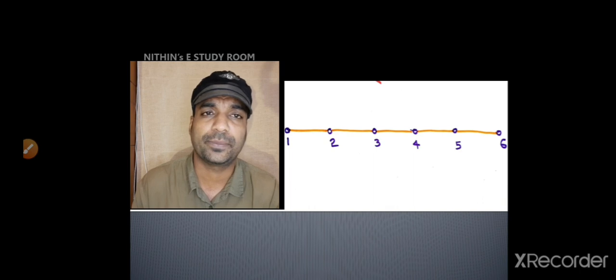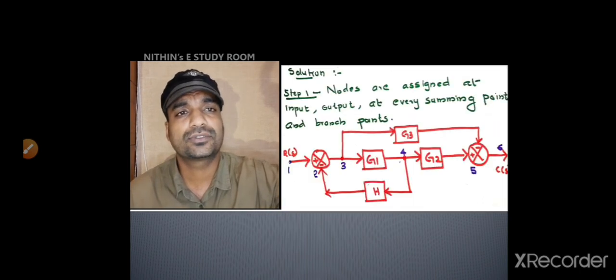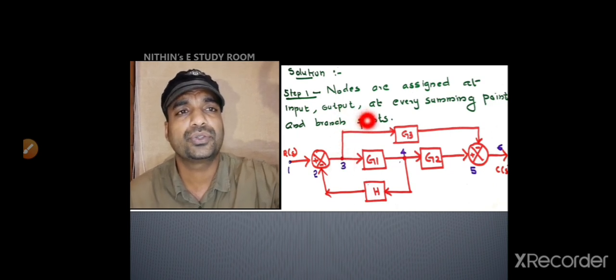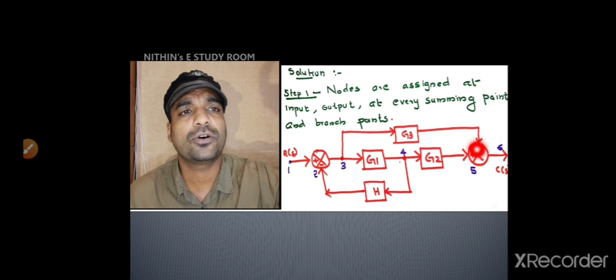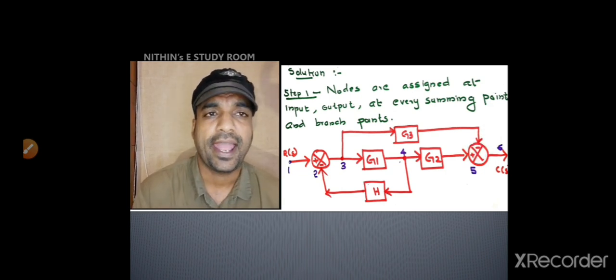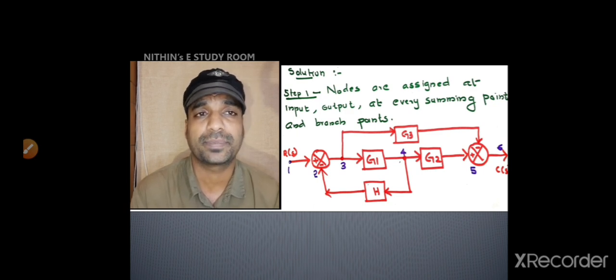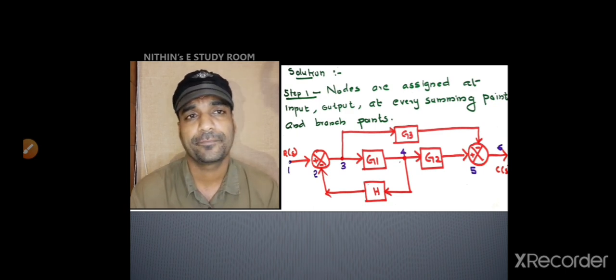Such things are known as backward or feedback paths. In this question, we can see from point 3 to the minus of the summer, there is a branch, and the gain of that branch, or the function of that branch, is named G3.